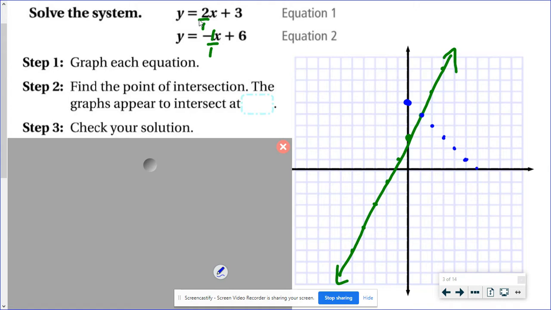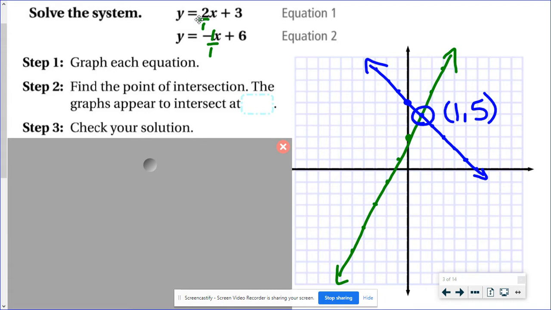So when we graph these two lines and we look for that point of intersection, it's right here. That's the point that I'm looking for. That ordered pair is 1, 5. 1, 5 is my solution.